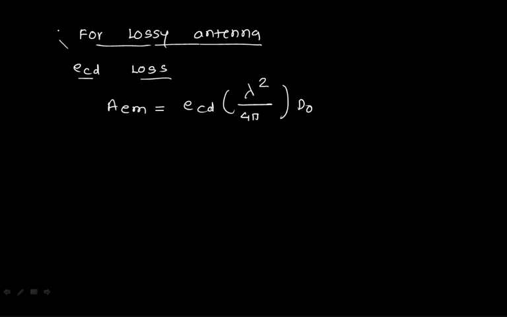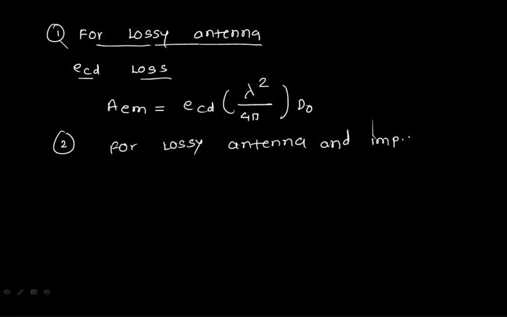If there is an impedance mismatch in the antenna, you have a reflection loss here. So for a lossy antenna with impedance mismatch, obviously there will be some reflections. In this case I need to consider ECD and also ER. So here you will have ET, the total loss, which is nothing but ER into ECD.